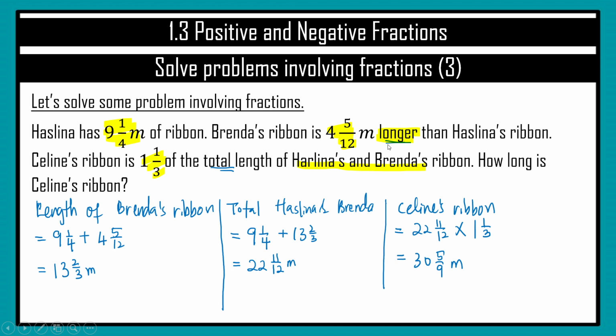Then we look at what is the problem. Every problem comes from whatever information is given. So use the information given, use the tool that you have, then we answer the question.